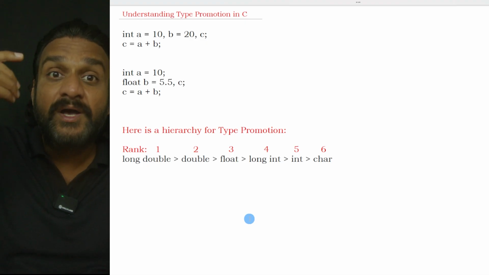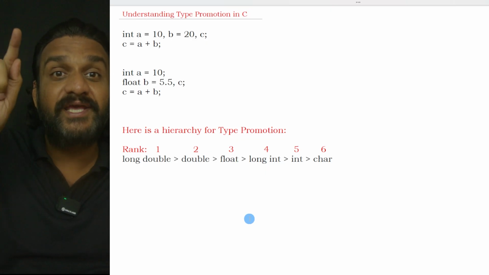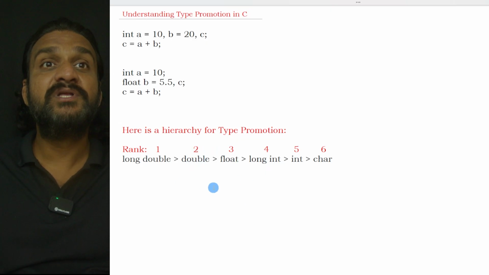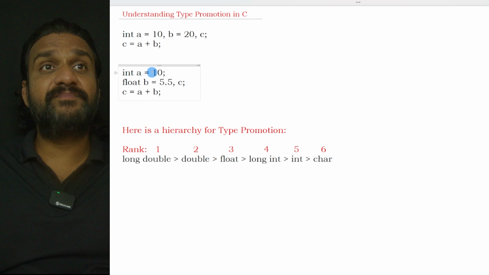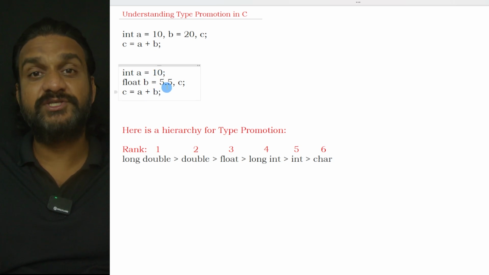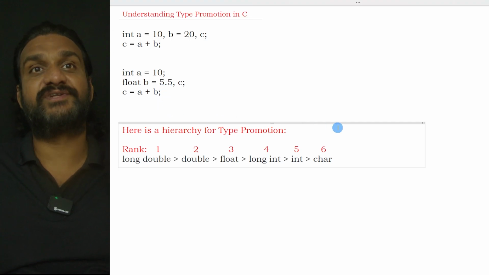Based on that set of rules, the type promotion is done. Let's take the same case: here the variable A is of type integer and the variable B is of type floating point. Now which one has the highest rank?